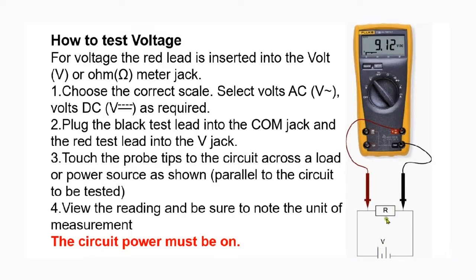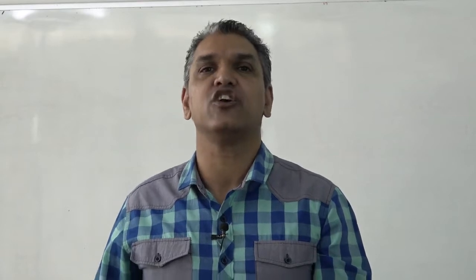Maybe it's a battery, maybe it's a resistor, but whenever you're doing this test, remember you are going to be doing a voltage test in parallel. Check the reading that appears on the screen of your multimeter, and also make sure you look to determine the unit that is being used. Whenever you are testing for voltage, ensure the circuit is energized. You cannot test for voltage on a circuit that is switched off.